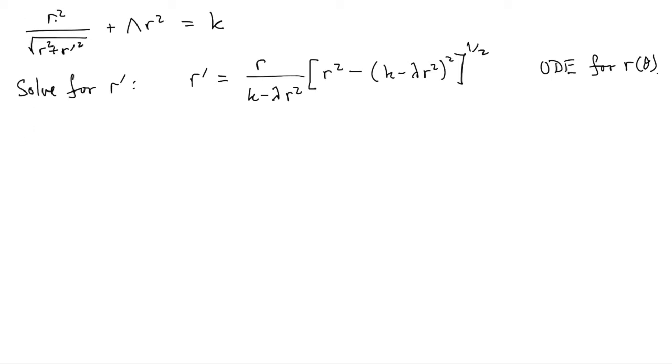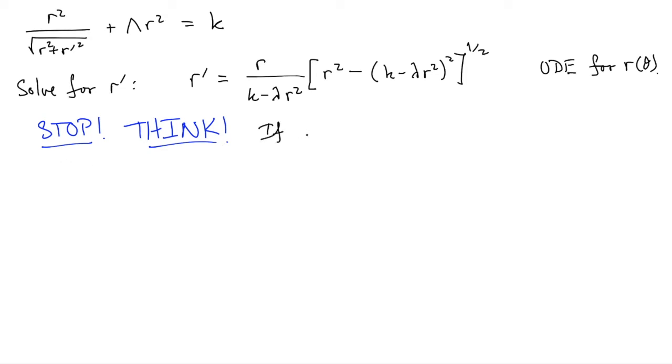But I'm going to say stop and think. This is physics, right? Before we just go off and turn the mathematical crank, let's think about what kind of solutions we might have to this ordinary differential equation. There's one that's very clear: if the right-hand side vanishes, then r prime is 0, and r becomes constant.